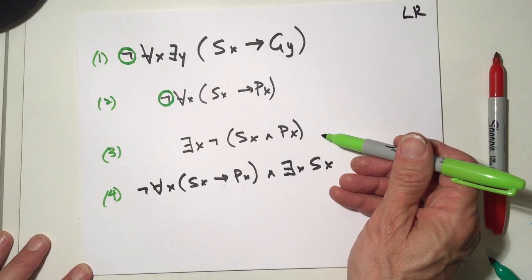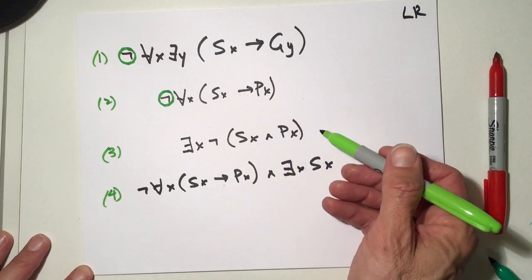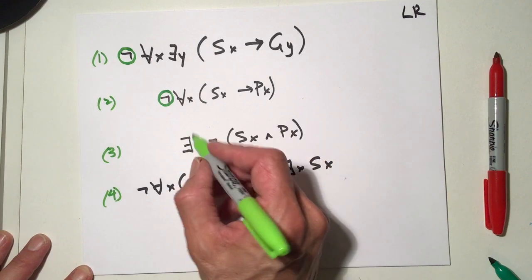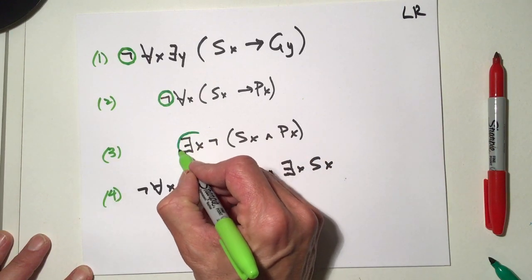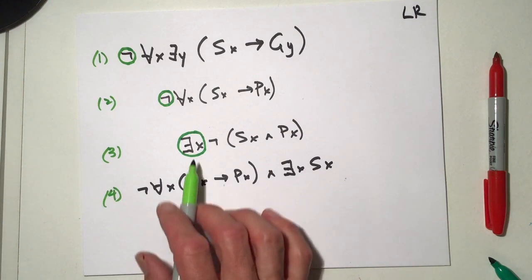Is there a binary connective outside all parentheses? The answer is no, because the negation symbol is not a binary connective. It's a unary connective. So then I look to the leftmost logical operator. So the main logical operator here is the existential quantifier. And notice, of course, we mentioned before that the existential quantifier includes the variable.